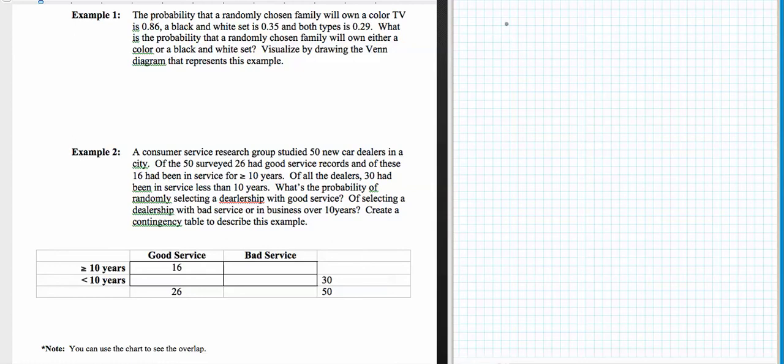You're going to look for two sets of characteristics. You're going to have one set of data and it's going to be classified in terms of two sets of characteristics. In our example here, we're going to be talking about car dealerships.